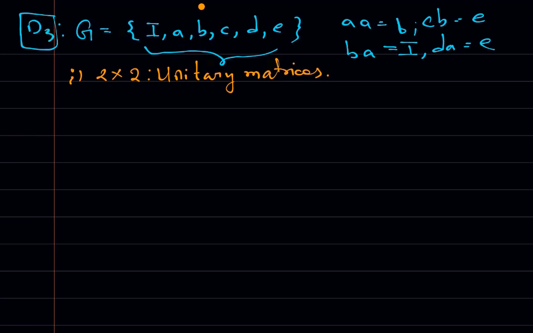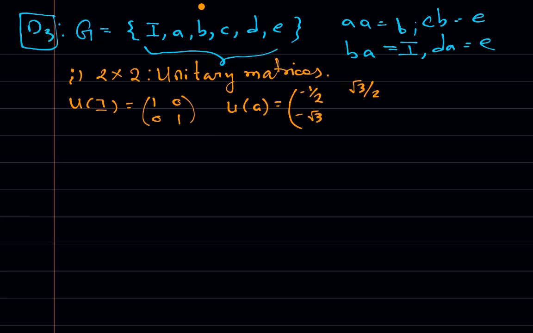Let me give you some examples. We know that identity is always represented as 1 0 0 1. Then you will find that U of A has a very interesting representation, and it looks like this: minus half, root 3 by 2, minus root 3 by 2, and minus half. This is the matrix representation of A. Similarly, for B, you have minus half, minus root 3 by 2, root 3 by 2, and minus half again.